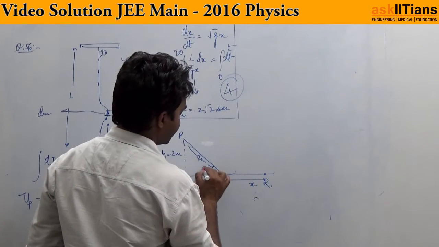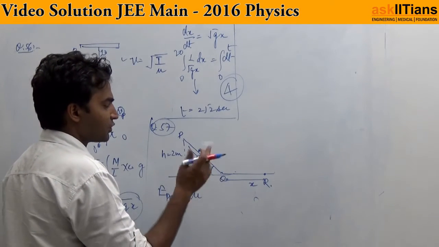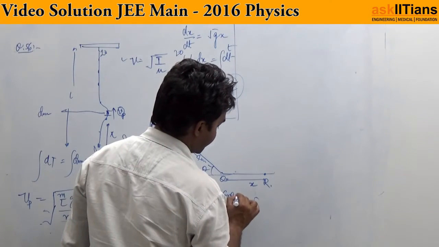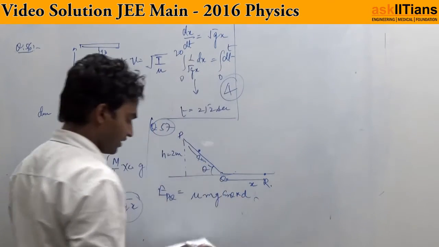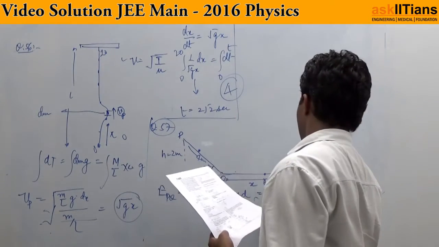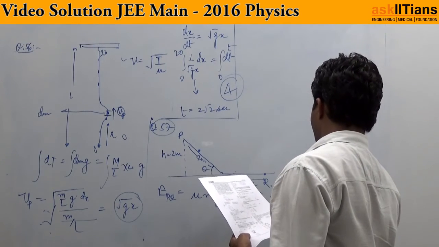If this angle is theta, because the particle is there, there is a normal reaction. The friction force times distance, where friction equals mu mg cos theta, times the distance. Substituting the values, we get mu m g cos theta into 4.